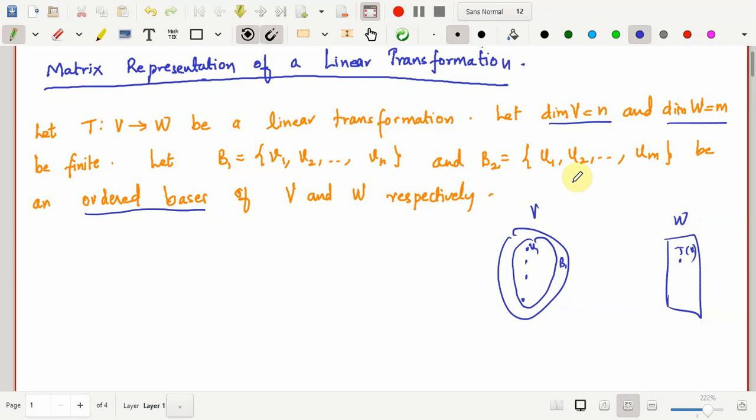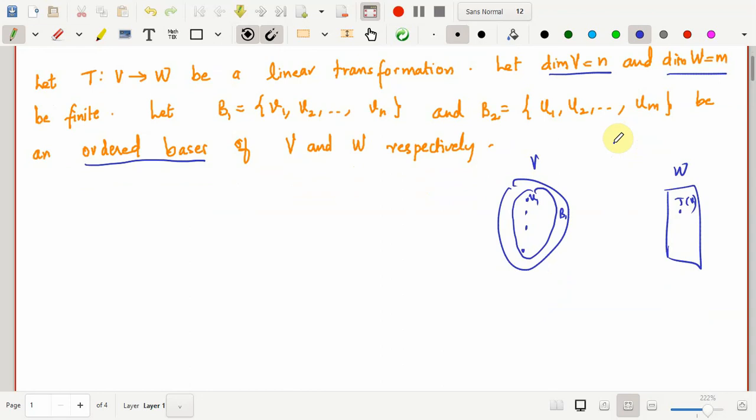But you know that B2 is an ordered basis of W, so any element of W can be uniquely expressed as a linear combination of vectors of B2. So we will see the image of each element of B1 and its expression in terms of the elements in B2, and the corresponding coefficients will give us the matrix. Let's see how we construct that matrix.